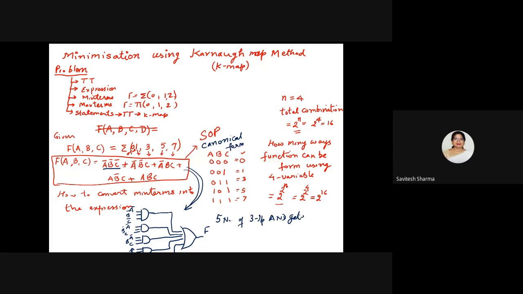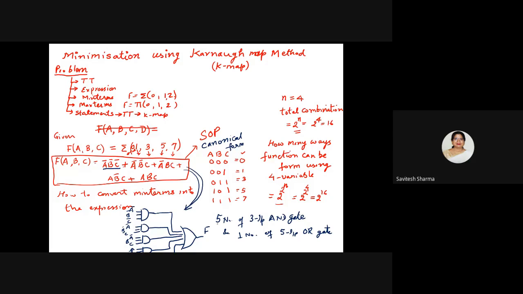Now you are going to be the engineer, right? So you please be careful while giving the answer, that you should be very technical, right? So the technical thing is, you will very specifically say that you need 5 number of 3 input AND gates and 1 number of 5 input OR gate. Okay, so this should be the answer.